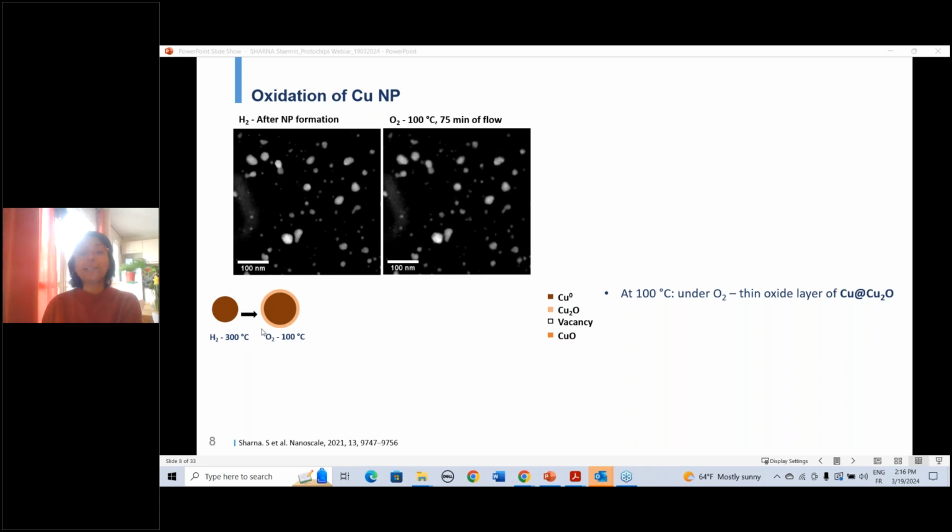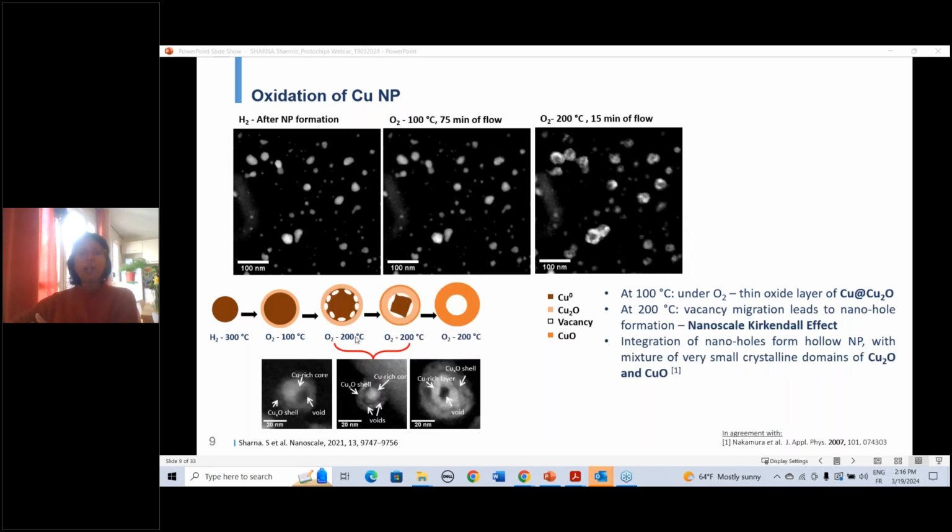From high resolution TEM we could identify this layer of oxide as copper 1 oxide, which also matches the information in the literature. If we increase the temperature to 200 degrees Celsius, we start to slowly form voids. And those voids eventually collapse to form hollow particles.